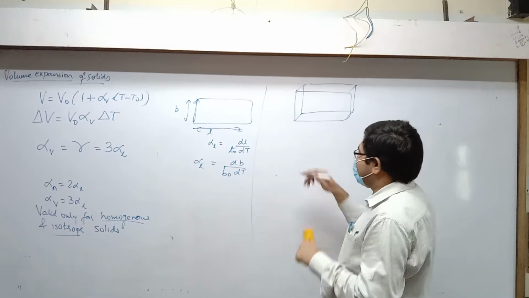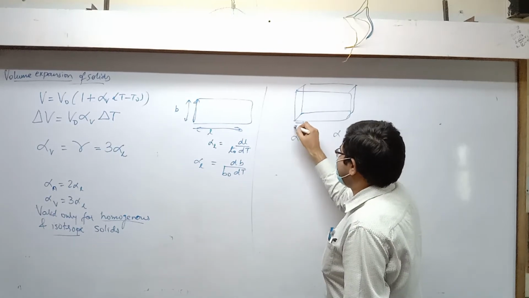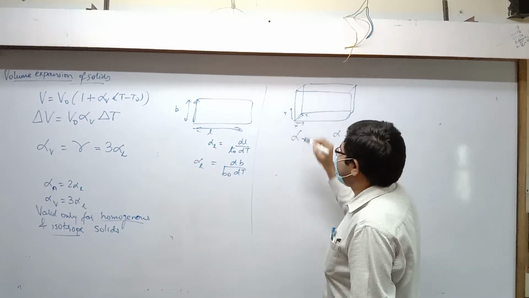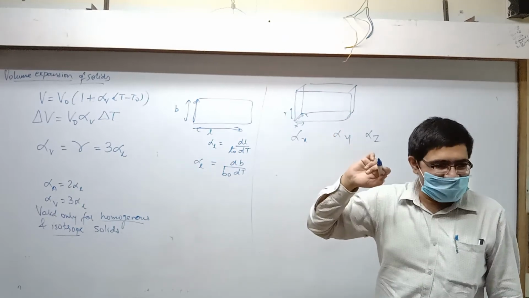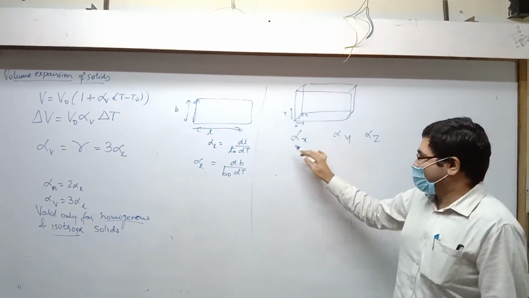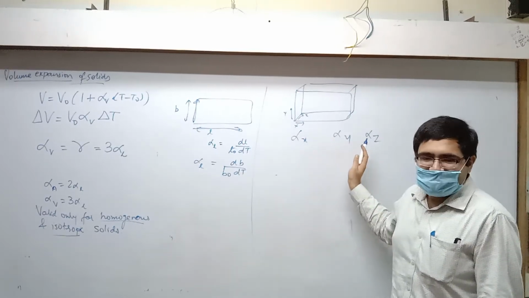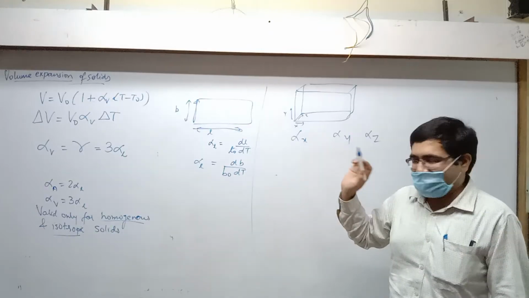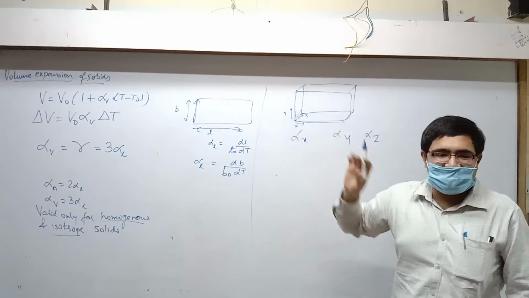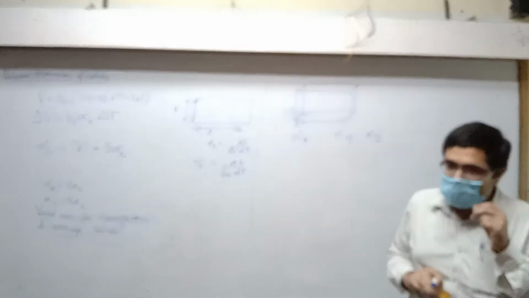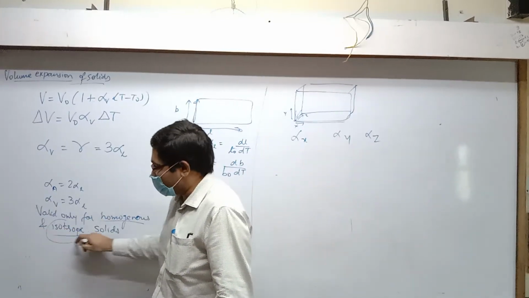And on the three axes, let's say this is x, y, z, that is length, breadth, height, if alpha's values are not the same, then this is called anisotropic. In anisotropic, the property is different in length, different in height and different in width. Got it or not clear? What is it called? Anisotropic. But in all directions it is the same, no.